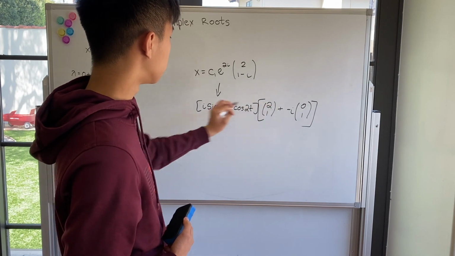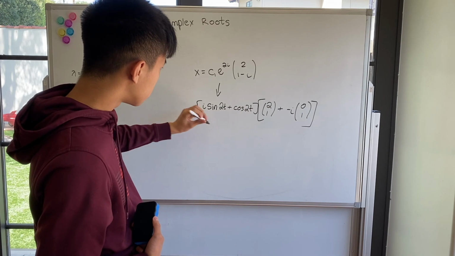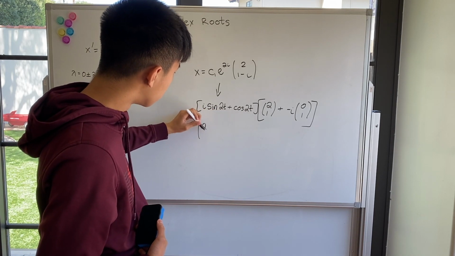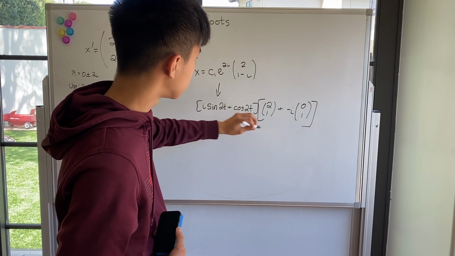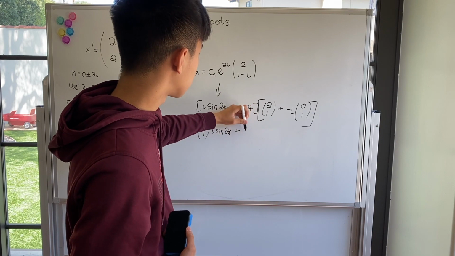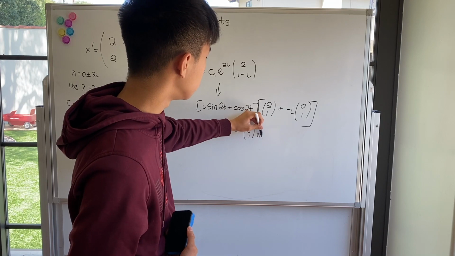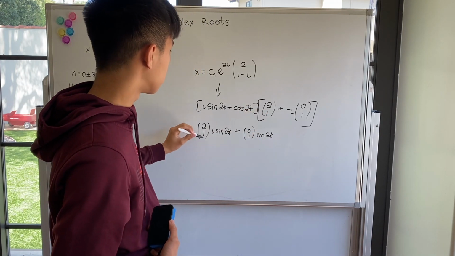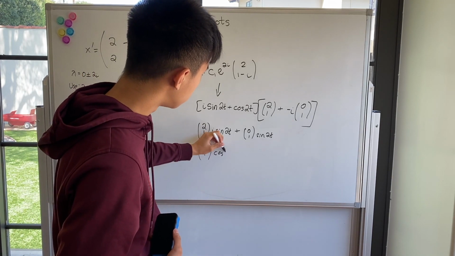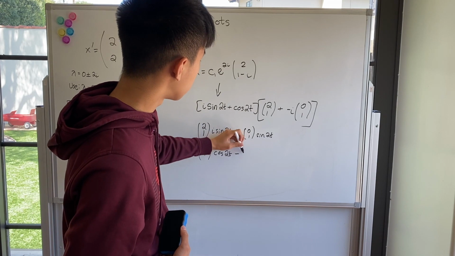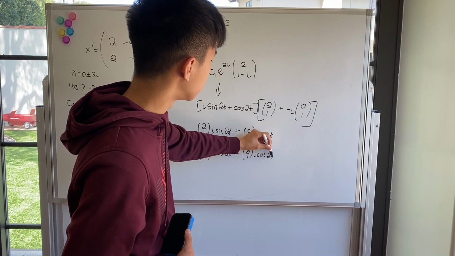So we can multiply these together and we should get 2, 1 i sine 2t plus 0, 1 sine 2t. And then when multiplying the cosine, we get 2, 1 cosine 2t minus 0, 1 i cosine 2t.